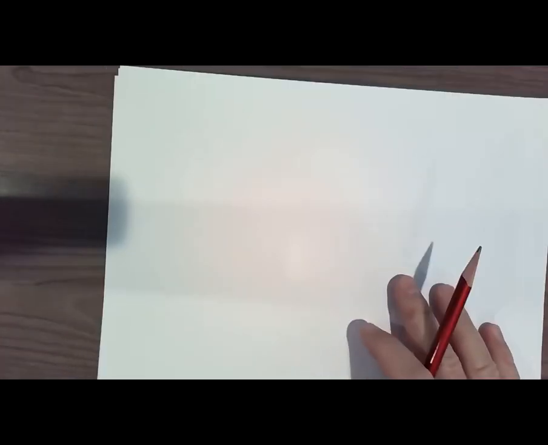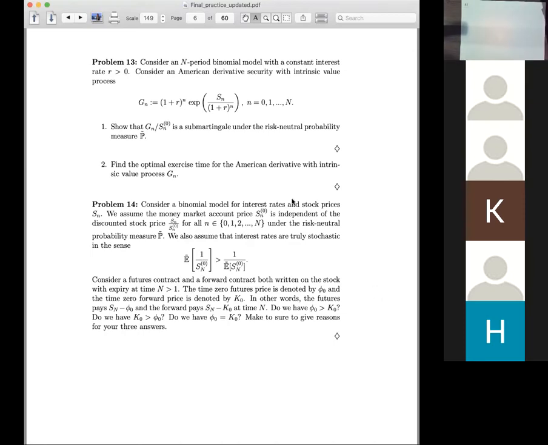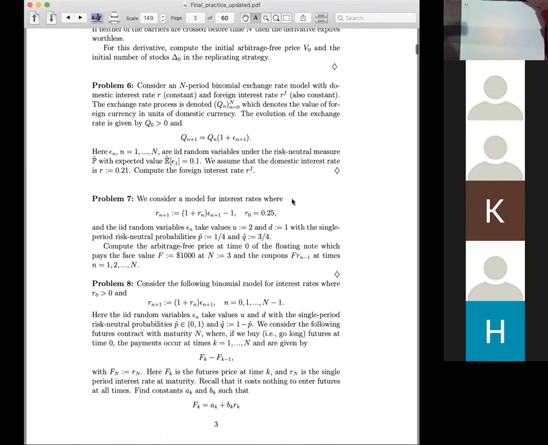The first problem I want to have a look at is number 8. Let's try to bring up problem number 8.